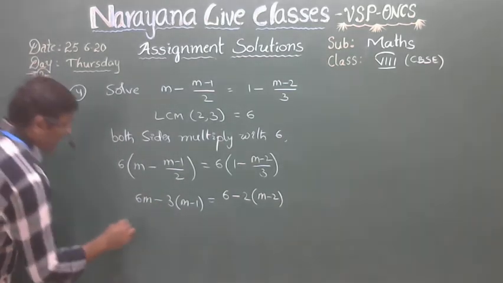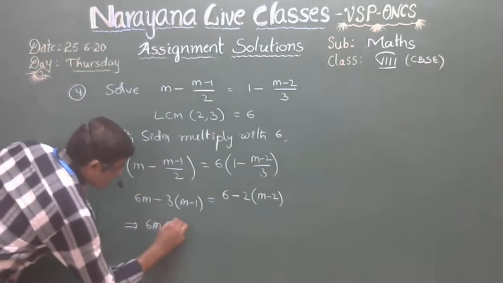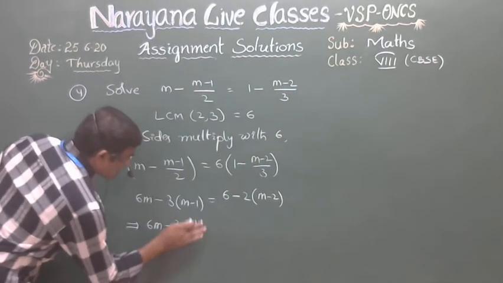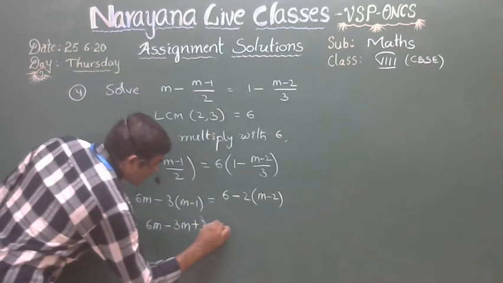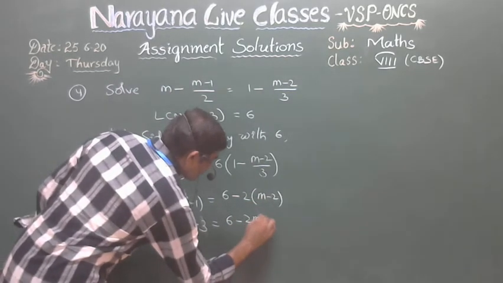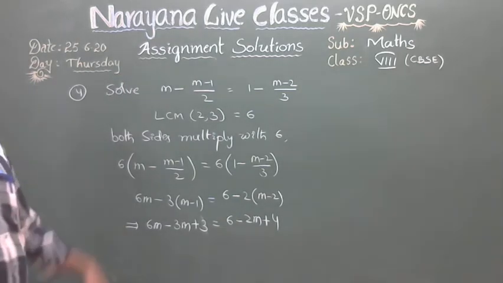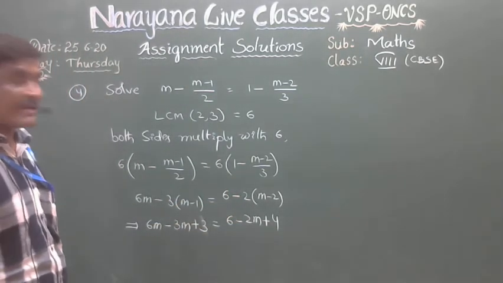Now eliminate the brackets. 3m, minus into minus plus, 3 into 1, 3, equals 6 minus 2m, minus into minus plus 2 twos are 4. Now all the variables will be transformed into one side and constants into the other side.